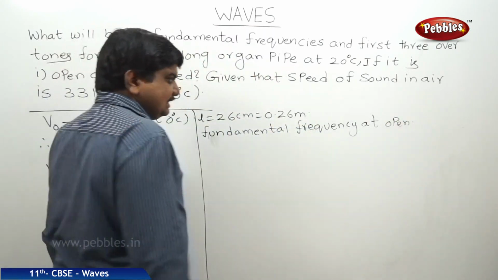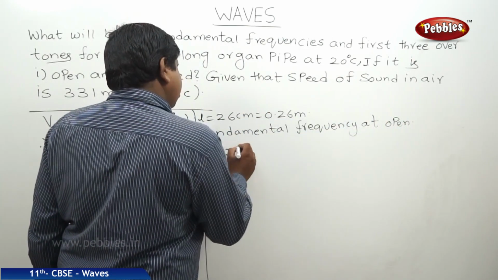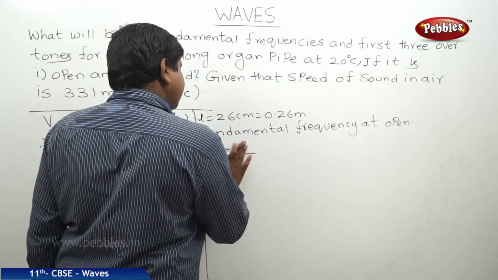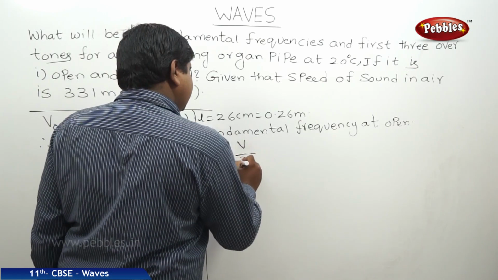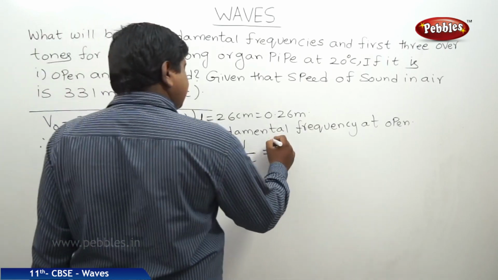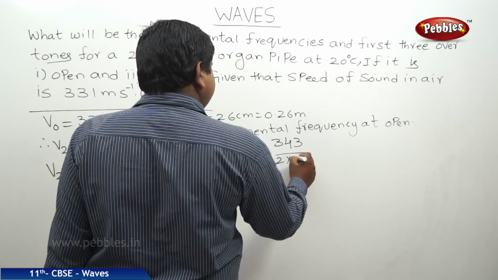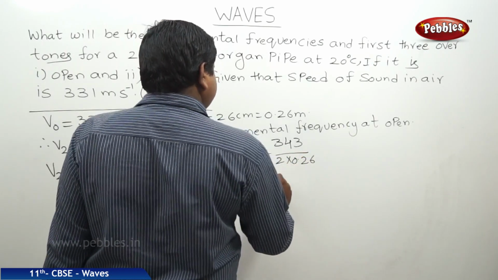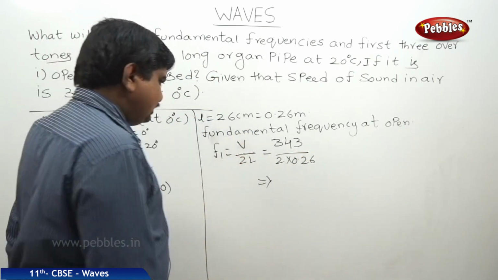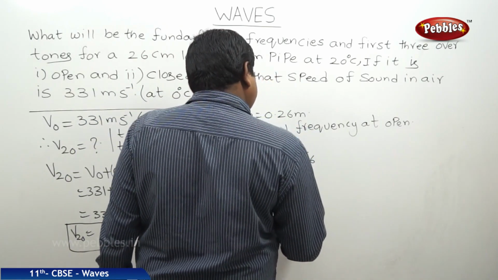So, in the open case, F1 is equal to V by 2L. V is 343, L is 0.26. So, therefore, it is 343 by 0.52.